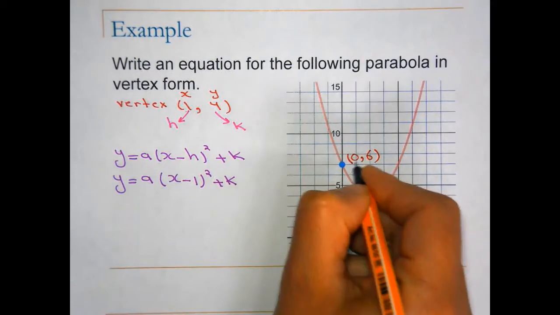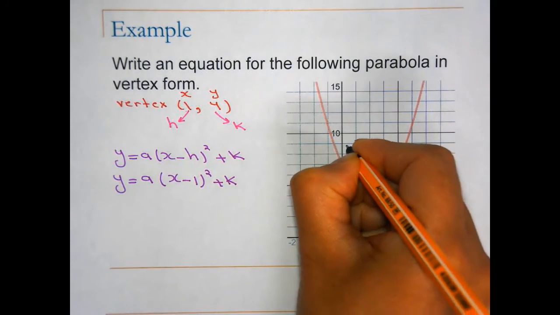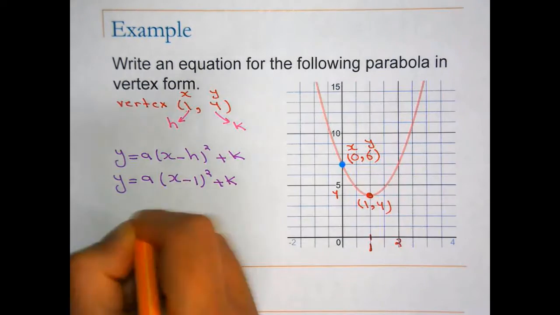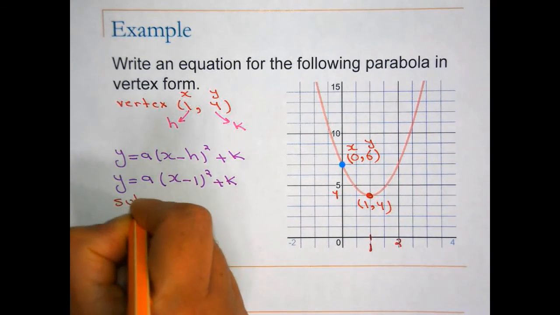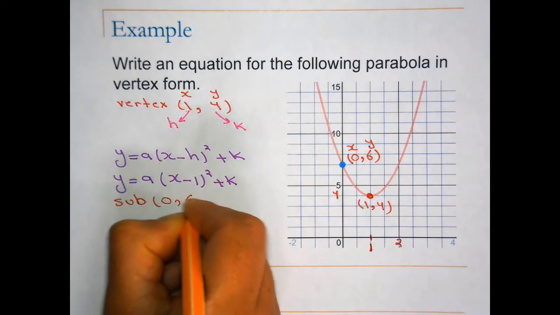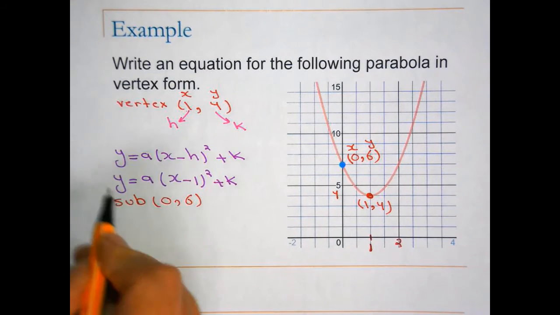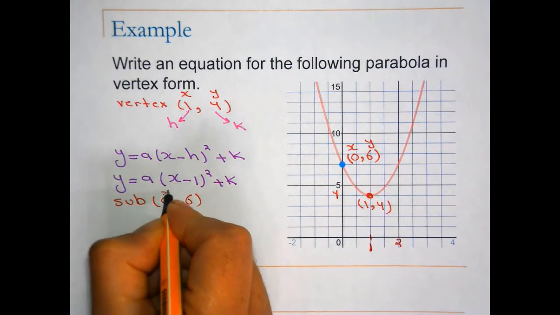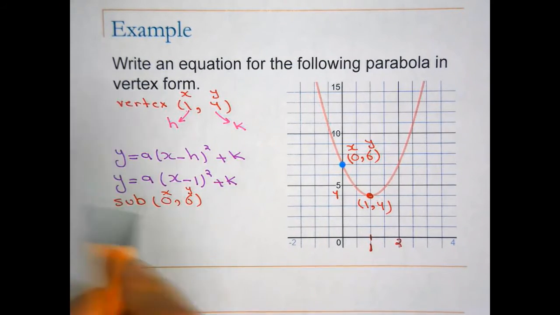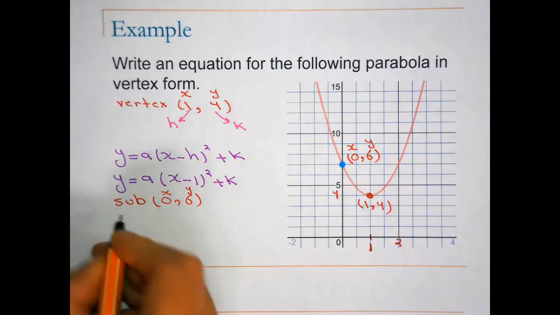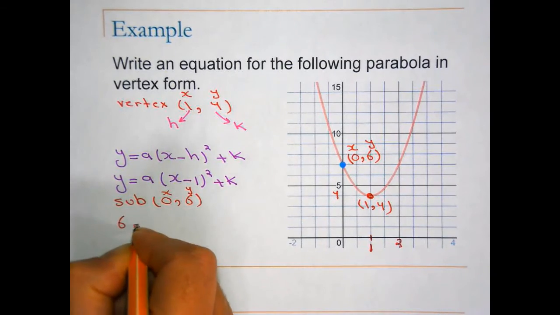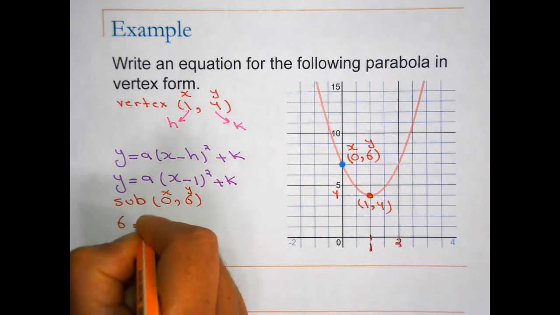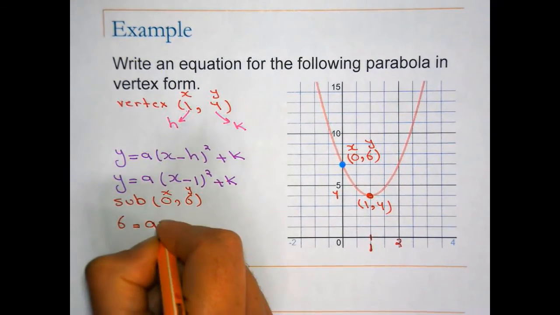So you are going to sub this here. Remember, the first is x, the second is y. So I'm going to say you sub 0 and 6. So this is your x, this is your y. So when you see y, you're going to put 6 equals, we don't know what a is, so we leave it as a.